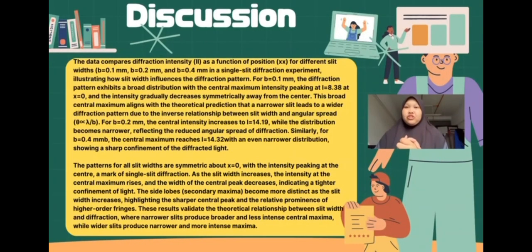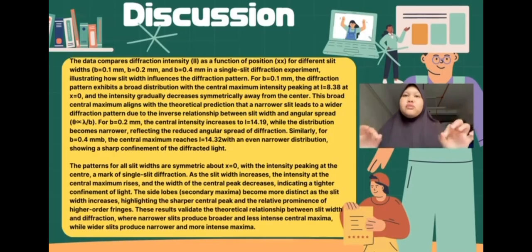So for these discussions, the data compares diffraction intensity as a function of the position x for different slit widths, which are 0.1 mm, 0.2 mm, and 0.4 mm, in a single slit diffraction experiment. These broad central maxima align with the theoretical prediction that narrower slits lead to wider diffraction patterns due to the inverse relationship between the slit width and the angular spread.